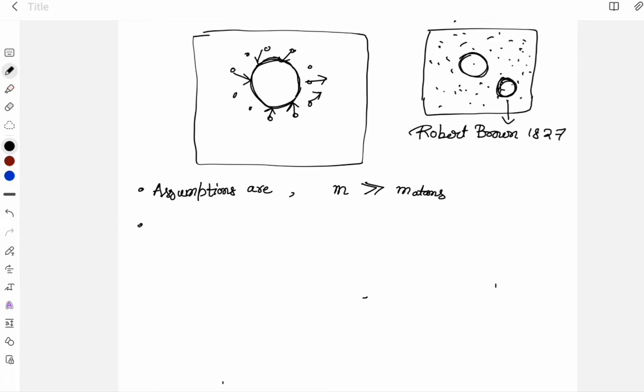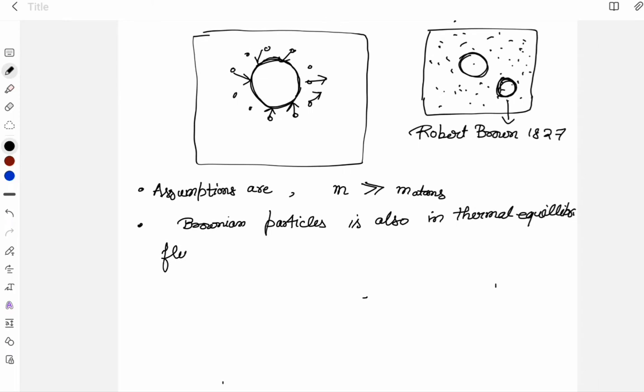Also, one more assumption is that the bigger particle, the Brownian particle, is also in thermal equilibrium with the fluid particles. Fluid particles are themselves in thermal equilibrium and the big particles are also in thermal equilibrium with the fluid particles.